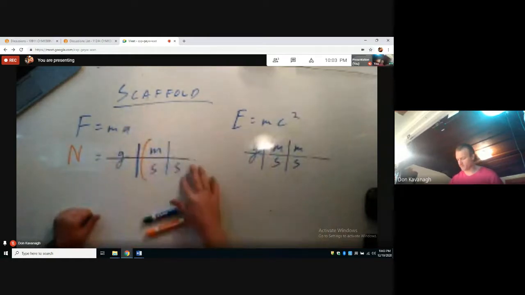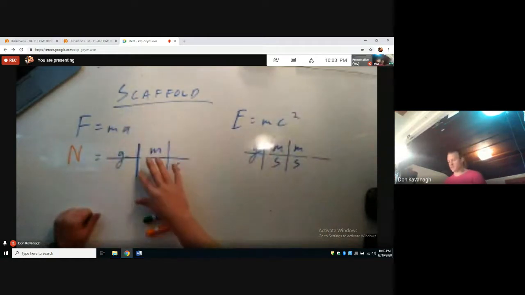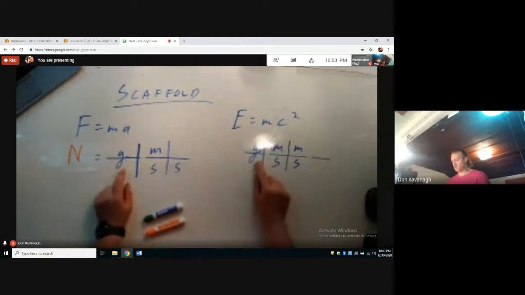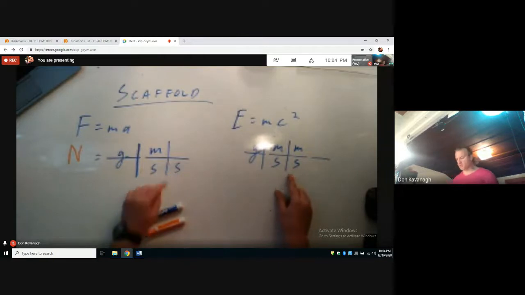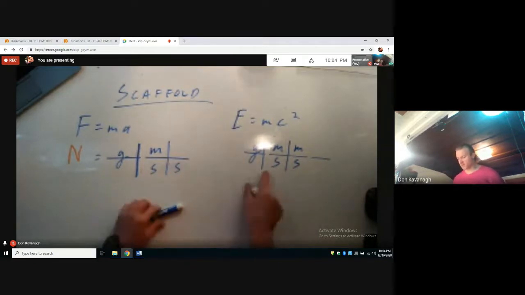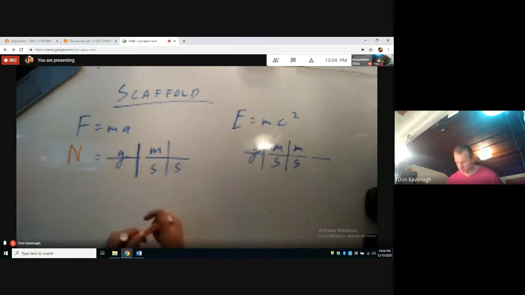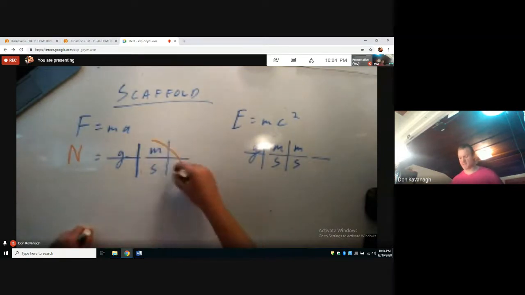Okay. Now I'm going to look at these scaffolds. Grams times meters divided by seconds, divided by seconds. Watch how I draw these parentheses laterally.